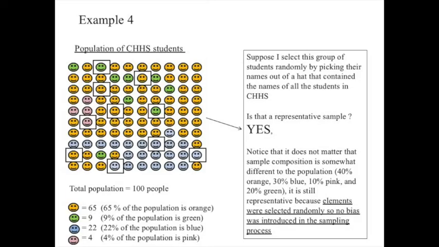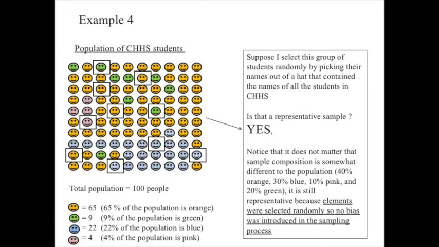The last example: let's say we have a randomly selected sample of 10 individuals in the CHHS major. Let's say we put all the names in a hat and pulled 10 names randomly. Now, this will be a representative sample. We didn't make any criteria on who to pick, or the elements didn't select themselves. It was all probabilistic in nature.